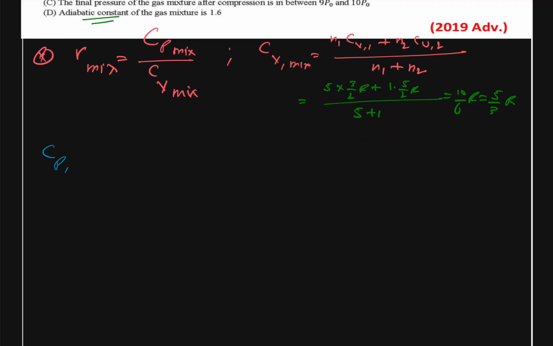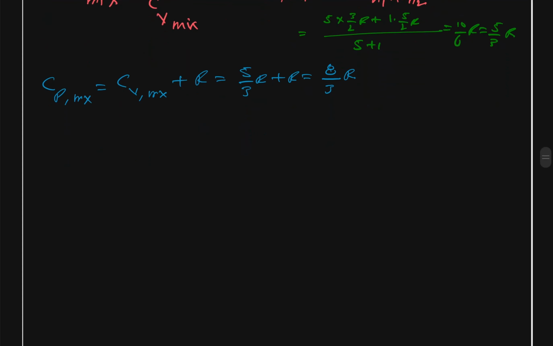And we can simply write that our C of P for mix will be equal to C of V for mix plus R. So we get this as 5 by 3 R plus R, giving us 8 by 3 times R, which now comes quite easy.